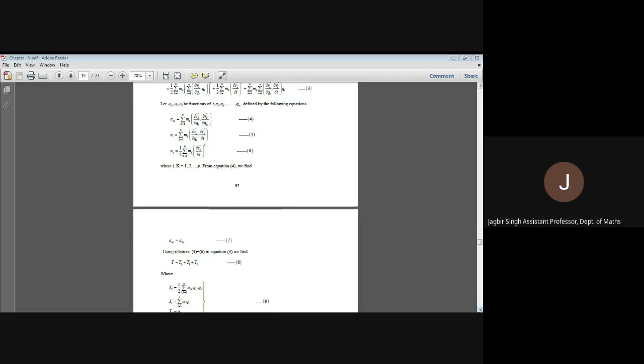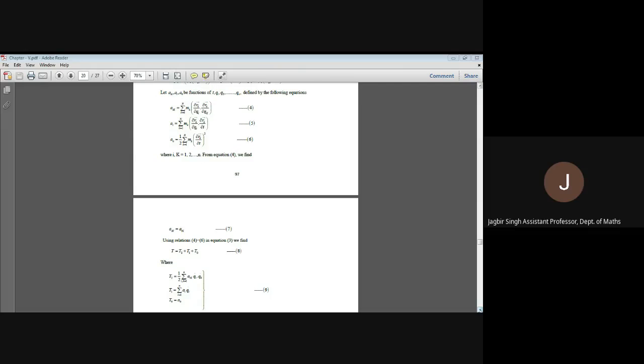T2 is half summation i, k from 1 to capital N, aik, qi dot, qk dot. From equation 3, the first term is T2. Then what is T1? It's the last term: summation i from 1 to N, ai as defined in equation number 5, and then qi dot. So this is your T1. And then T0 is simply a naught, because the third term in equation number 3 is a naught.